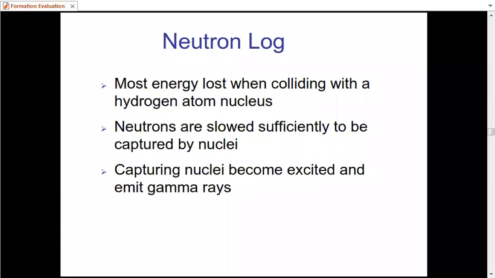So in the neutron log, the most energy is lost when colliding with a hydrogen atom nucleus, and neutrons are slowed sufficiently to be captured by nuclei, and the capturing nuclei become excited and emit gamma rays.